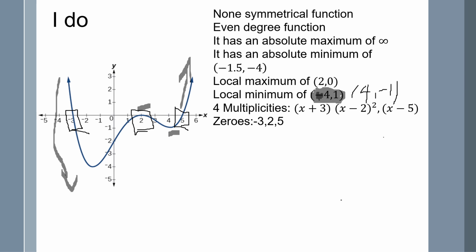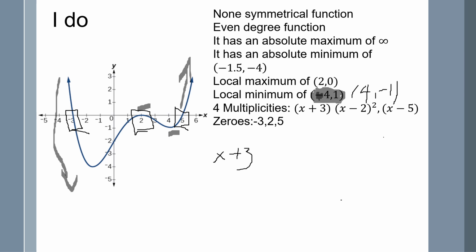So if it cuts through, meaning the x-intercept, that means you only have one multiplicity. So that means you're going to have to take that 0, or your answer, and rewrite it in the factor form of wherever it was. So if -3 is the 0, that means you're going to rewrite it as plus.